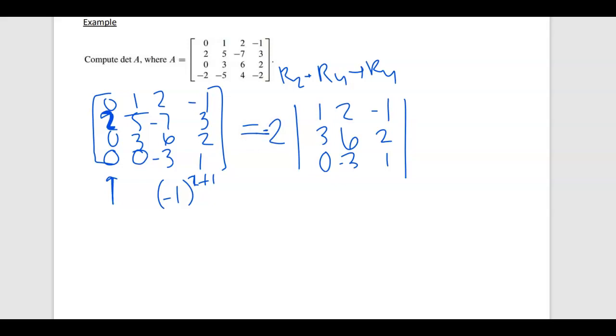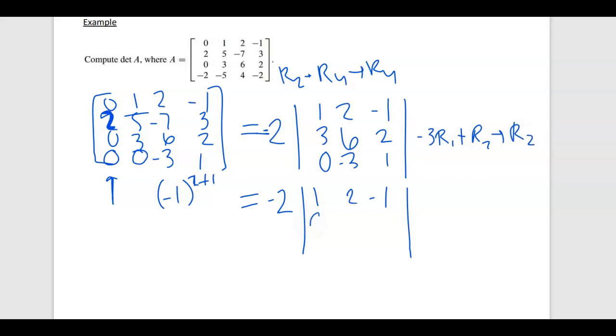Okay, can I do some row reduction inside this first? So let's do -3 R1 plus R2 into R2. That gives me 0, 0 again, and then 5, 0, -1, and 3.